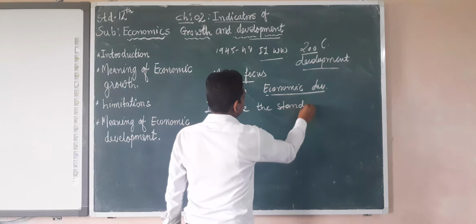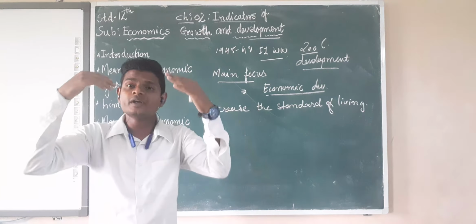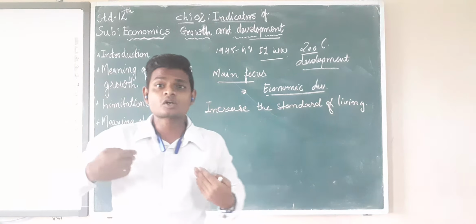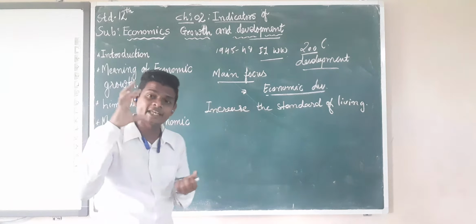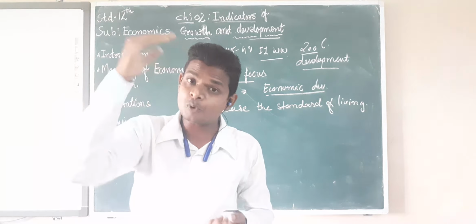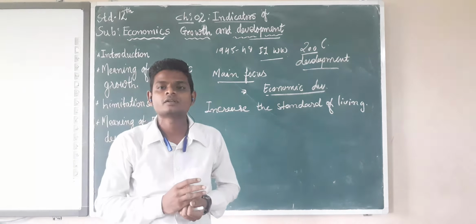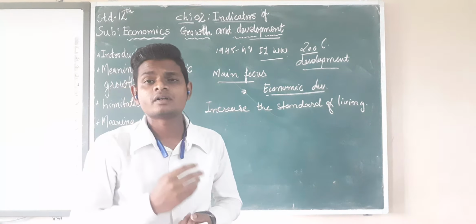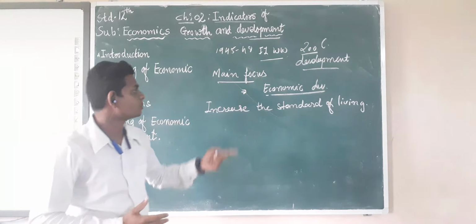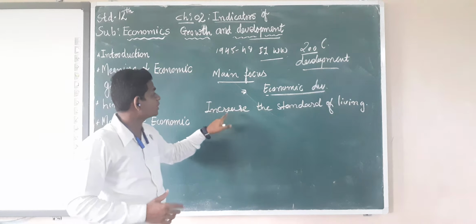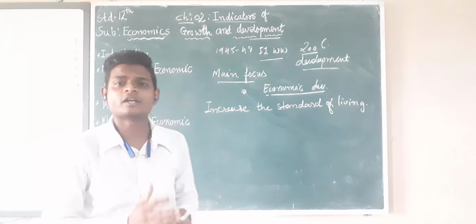Not just food, shelter, clothes, the basic necessary things, but governments wanted to give their people basic goods and services like health, education, transportation, proper food, everything, a higher standard of living. So the main focus was economic development, and second was to increase the standard of living of each person.